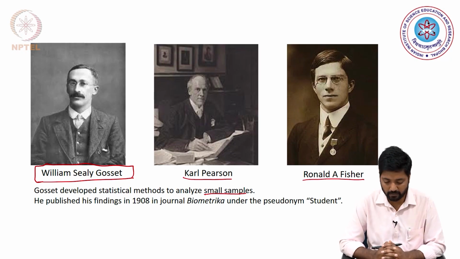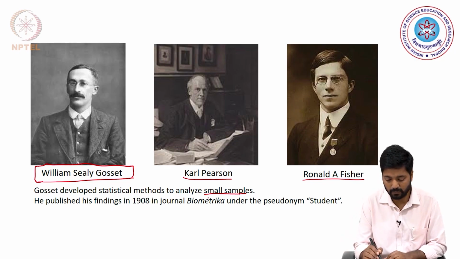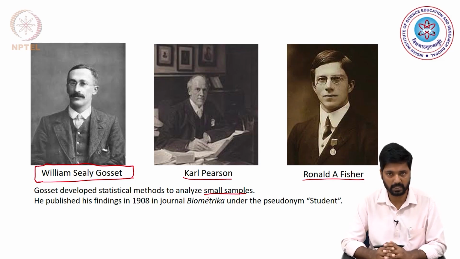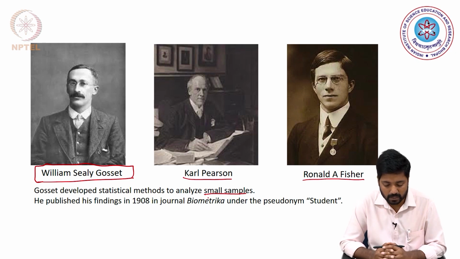William Gosset, when he was working on his analysis of small samples, was working for a beer company which is known as the Guinness. Yes, it is the same one which gives the Guinness Book of World Records to us.